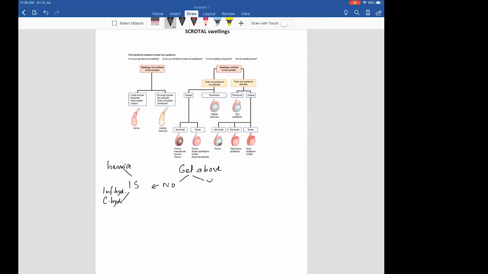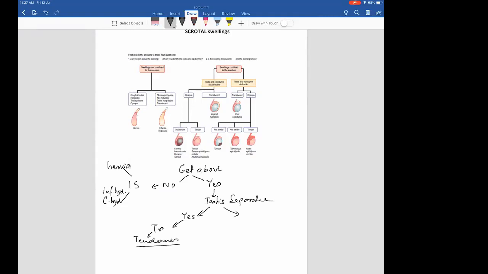Now, if the answer is yes, what is the next question? Can you palpate the testes separate from the swelling? If the testes is separate from the swelling, then please remember, you now have two options. If yes, the next test that you do is transillumination, followed by tenderness.